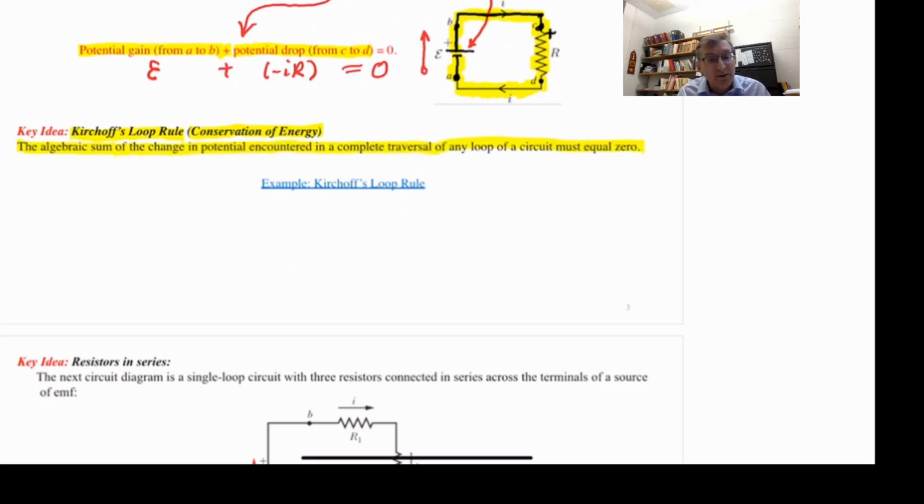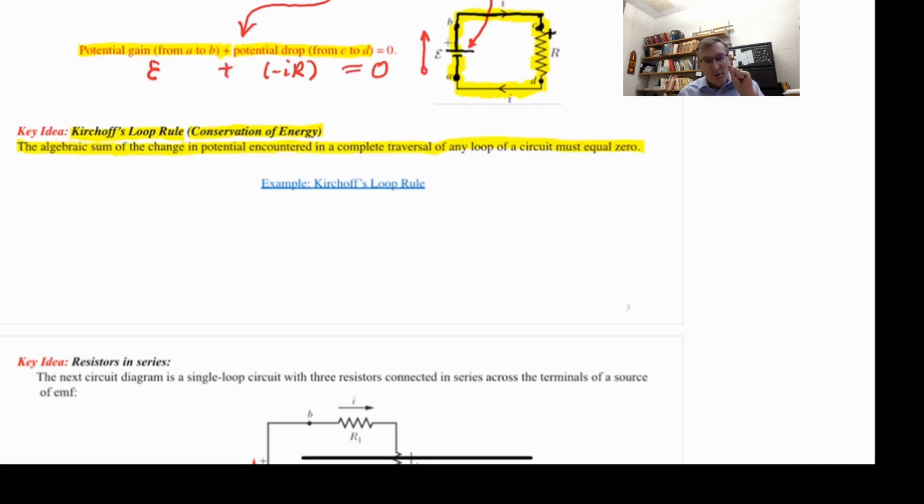And it's just conservation of energy, as I said, because when you take one point in the circuit and then go around it exactly once, all the energy gains must balance all the energy losses, so the net change in energy when you get back to where you started must be 0. That's the only thing that would make any physical sense. Like I said, what if that weren't true?